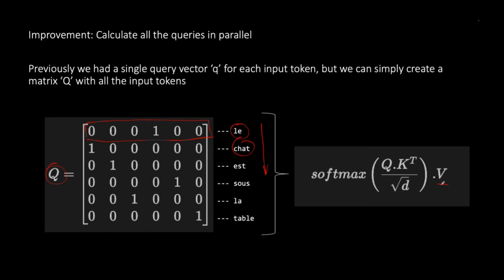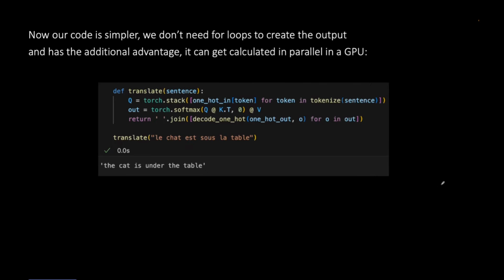Now our code looks a little bit simpler than before because we don't need that for loop. We convert the tokens we tokenized before into one hot, and we just stack them on top of each other into the matrix Q. We do the multiplication, we do the softmax here, and we multiply by B. I didn't put the square root of D here for simplification, but we'll put it later in the code.